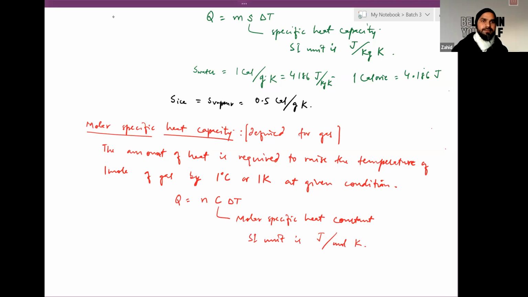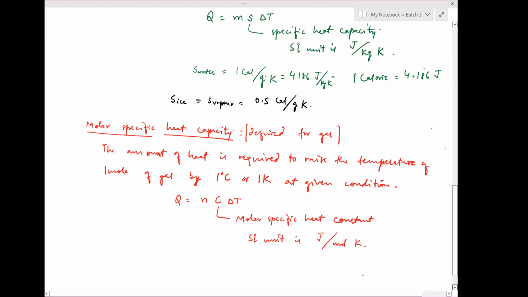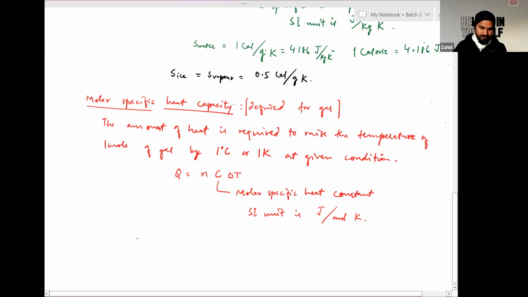Atif, is it clear? Yes. Now there will be a relation between all these 3 terms which we have defined above. Capital S, that is heat capacity, equals mass times small s, the specific heat constant, which equals number of moles times C. Use this formula to find any of these terms.